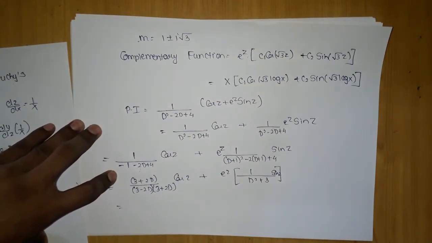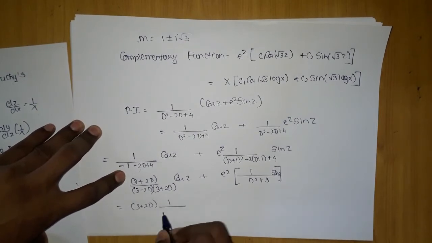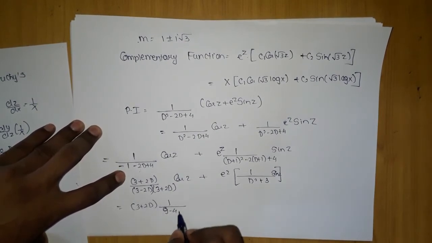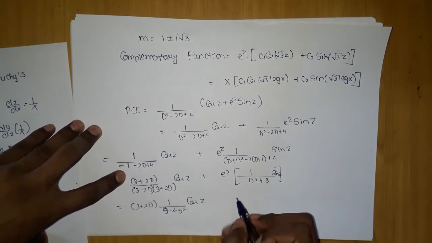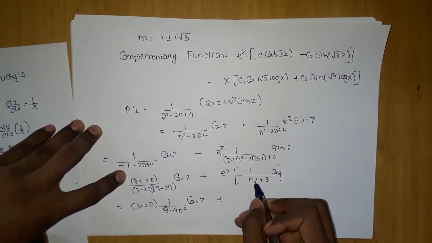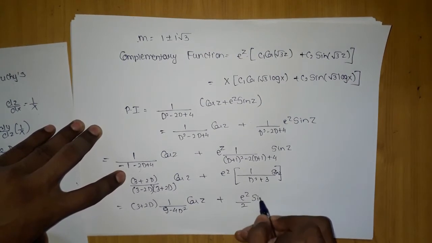If we simplify further, we will move this (3 plus 2D) outside and focus on this, which will be 9 minus 4D squared, and here again we replace D squared by minus a squared, by minus 1, which will become e to the power z by 2 into sin z.